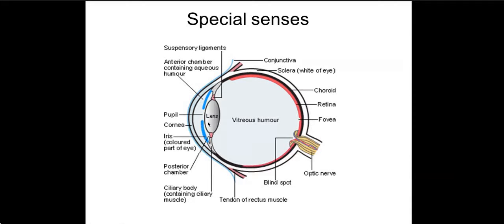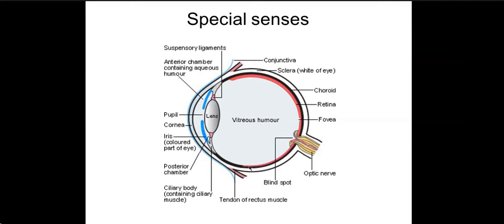Then comes the lens, the crystalline lens, and this lens is connected by the zonules, the suspensory ligaments. Here, this portion is called the ciliary body, and from here is the continuation of the choroid layer.